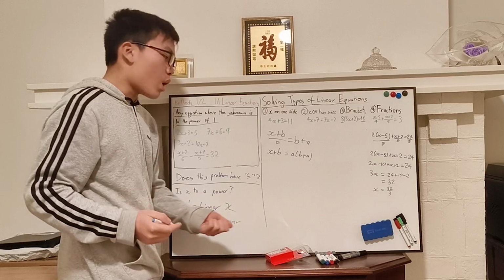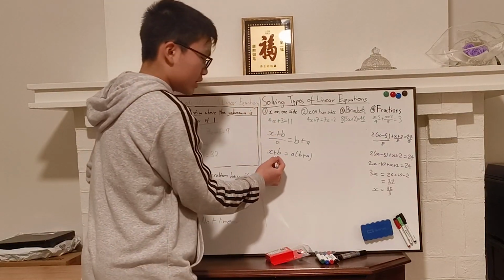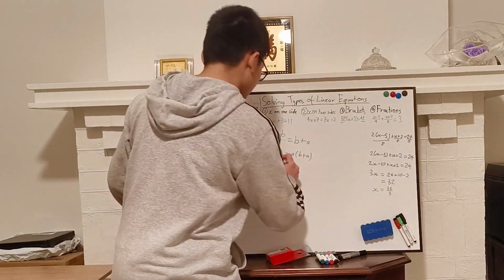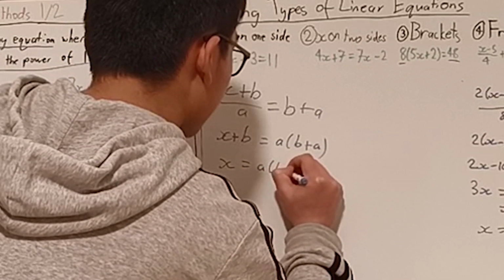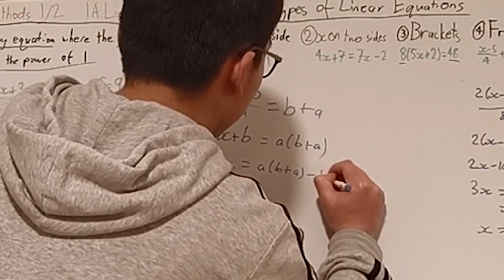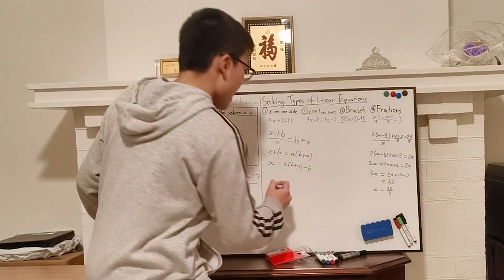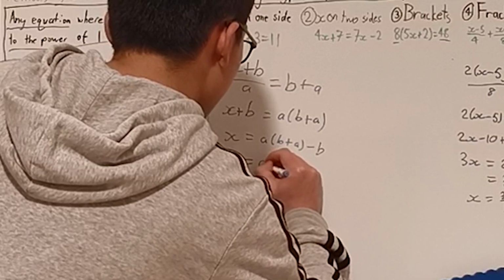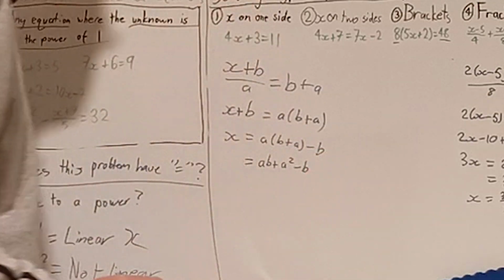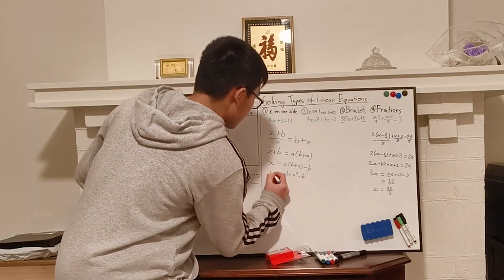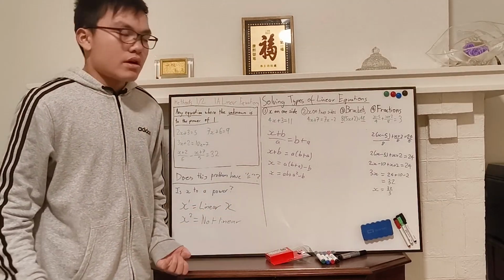You can expand it if you want, and then we can just bring that b over to the other side. So x equals a bracket b plus a bracket minus b, which is the same as ab plus a squared minus b. X equals that, and that's your answer.